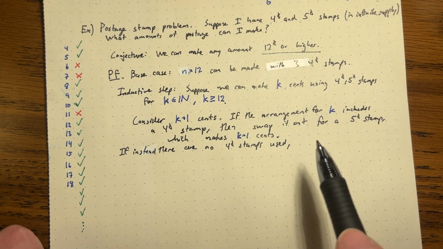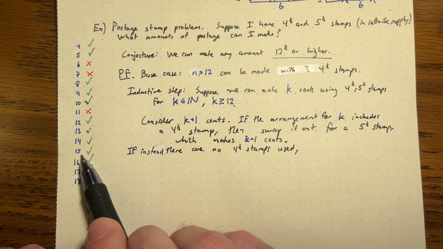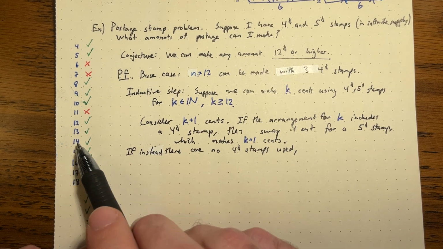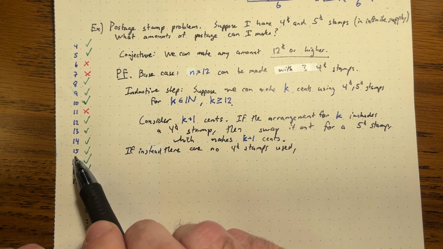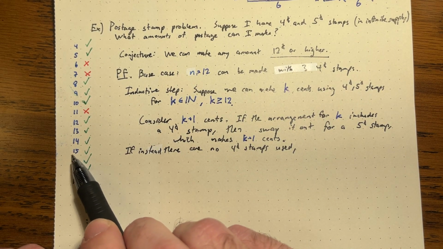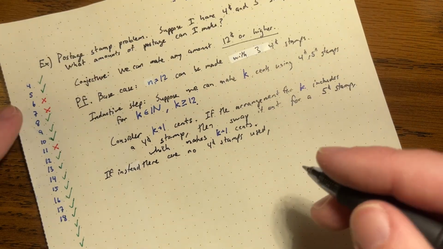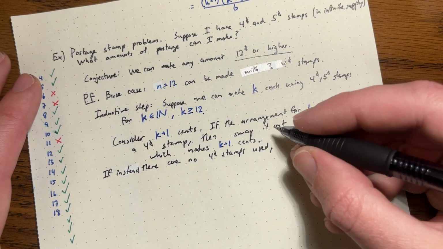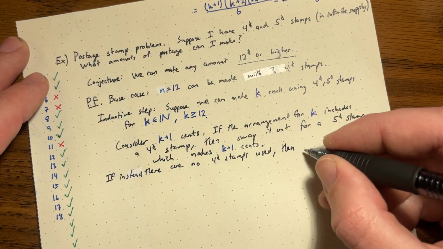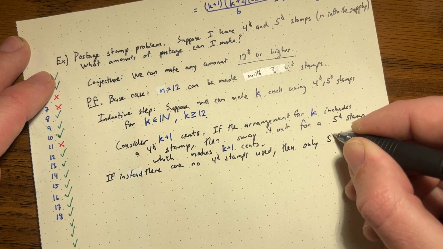And, well, what do we know? K is greater or equal to 12, right? So we know that if no 4-cent stamps are used, then only 5-cent stamps are used.